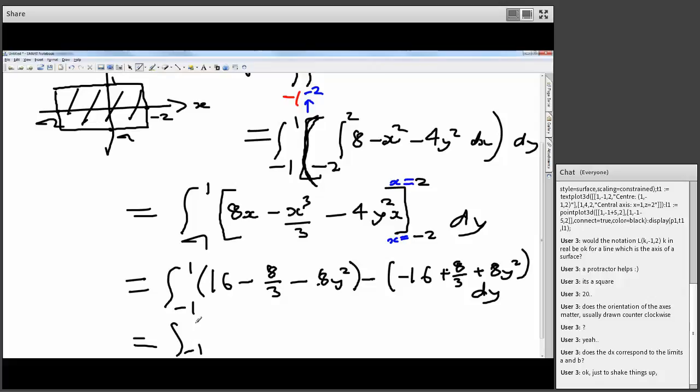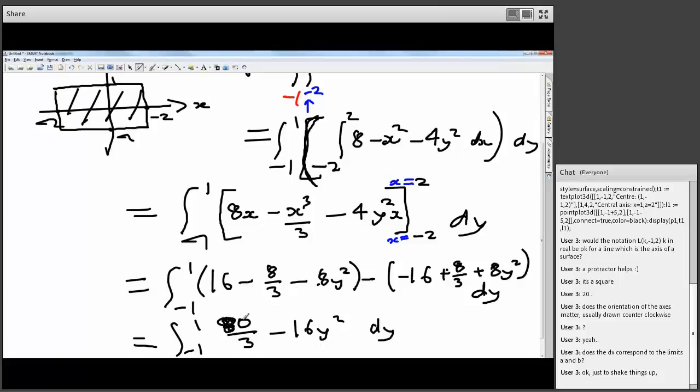So collecting all the like terms together, you get 3 16s, which is 48, minus 8, so you get something like 80 on 3 minus 16y squared, I think, by putting all the terms together. Notice that this second term is the same as the first one except for the minus sign, so it ends up being double the first term.